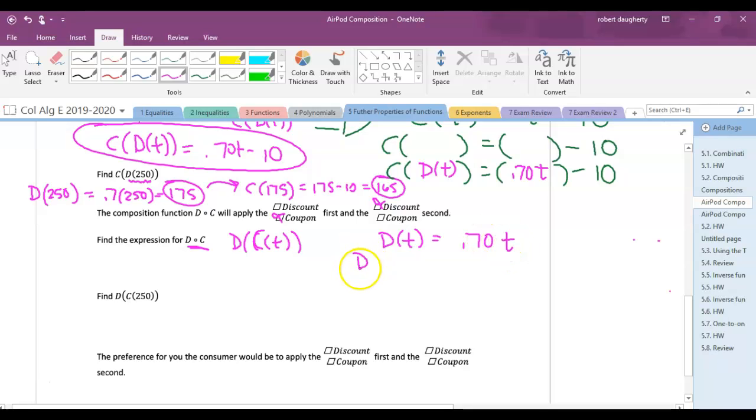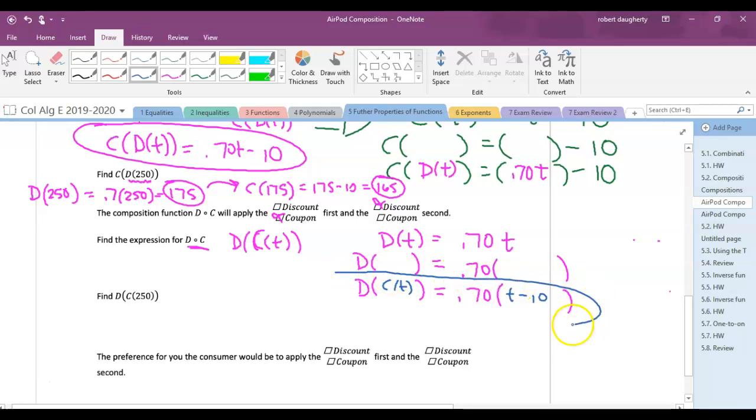I rewrite it with open parentheses, and then what am I going to substitute in there? C of T. What is C of T? T minus 10. So this is my expression for D of C of T.